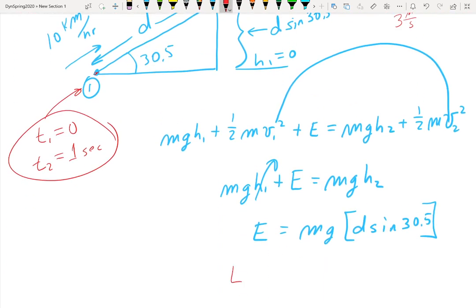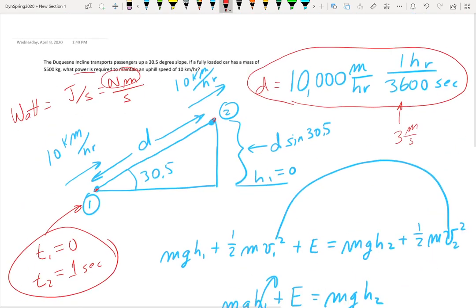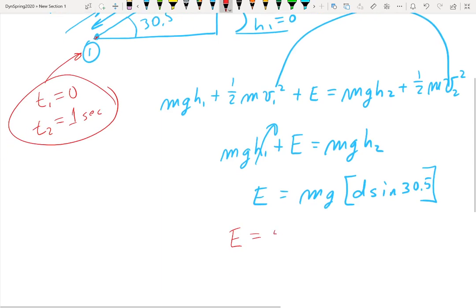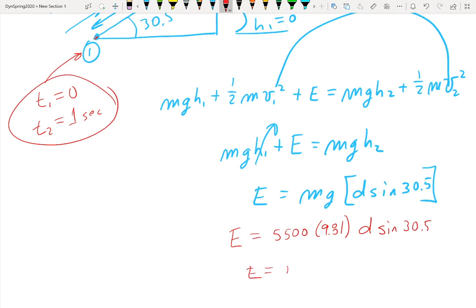Well, the energy would be, what does the thing weigh? 5,500 times 9.81 times whatever d is times sine of 30.5. And this energy will be in Newton meters.